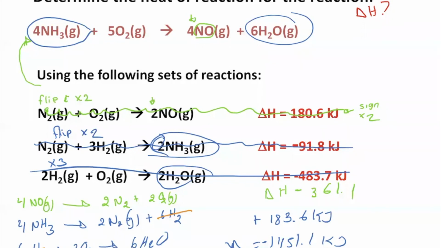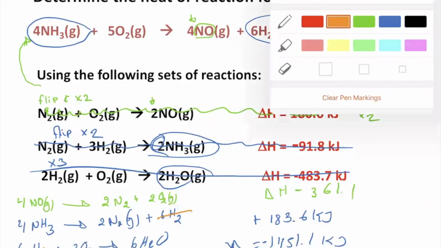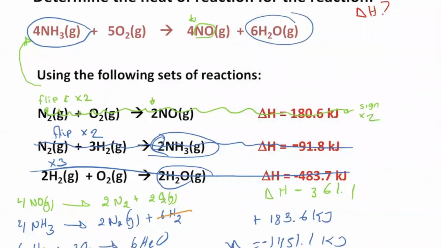We have to flip the first one. Actually, I don't think we have to flip the first one. We didn't have to flip it. We just had to multiply it by 2. And this is how we learn. So you don't flip it on this one.